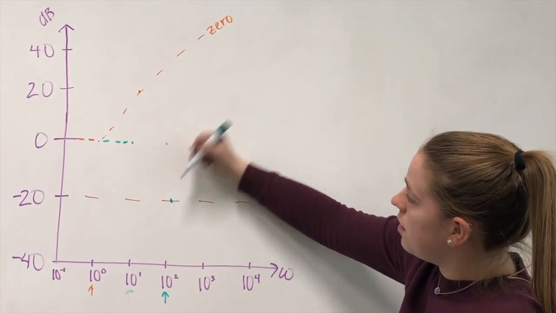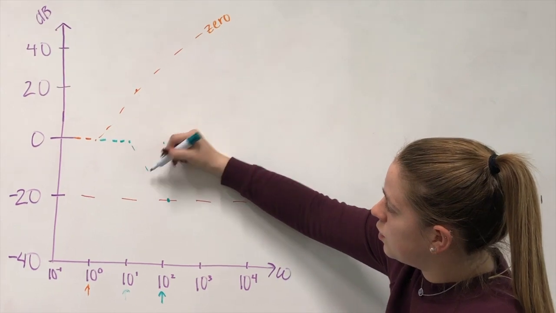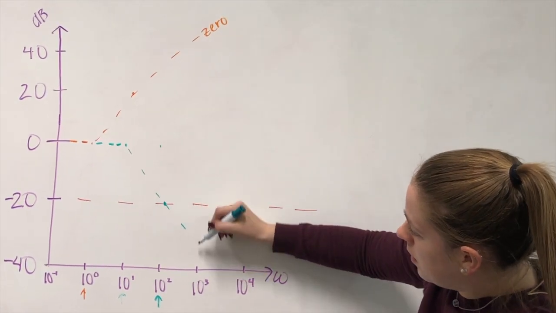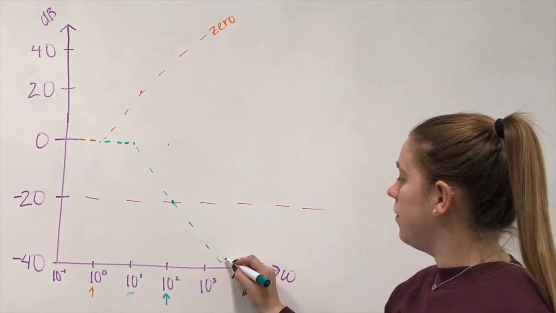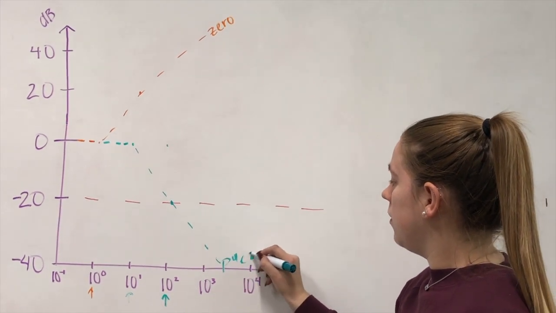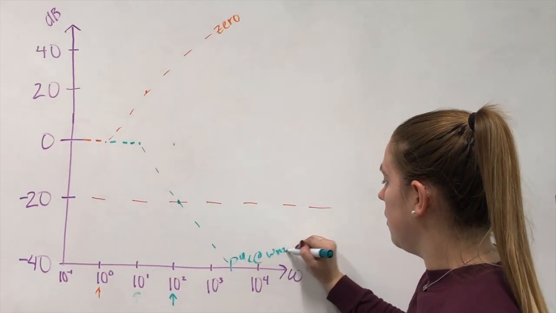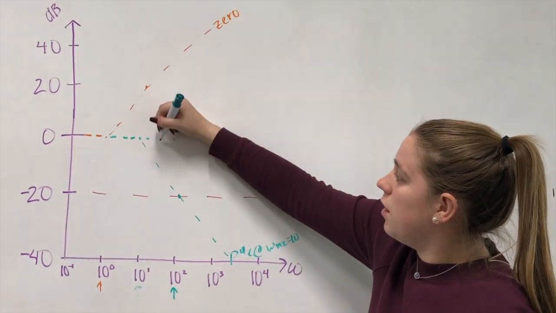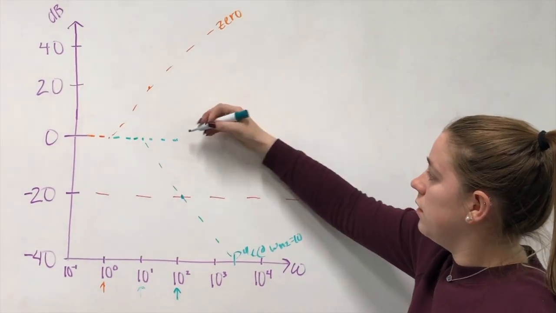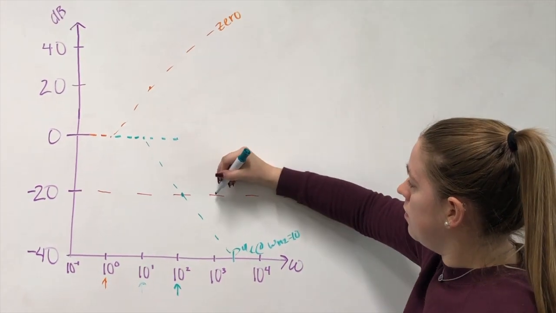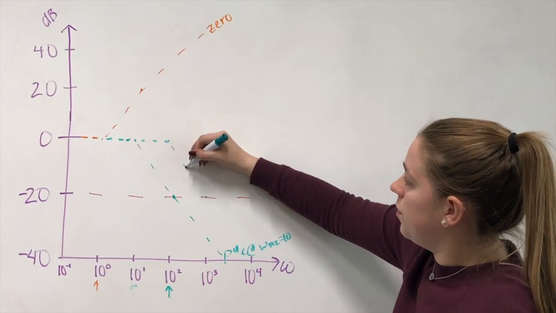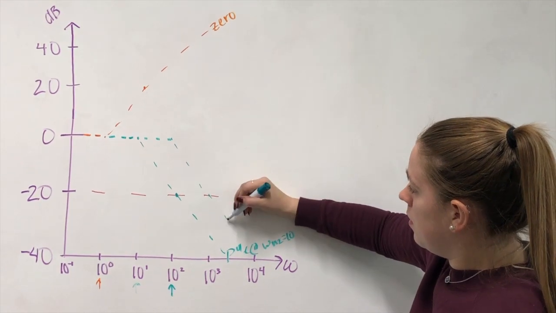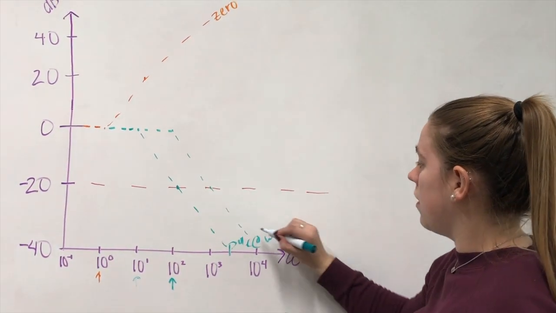So we're going to plot a point right here, and it's going to drop. This is our first pole. For our second one, we're going to just keep along our gradient of 0, and then we're going to drop down 20 decibels per decade. That's our second pole.